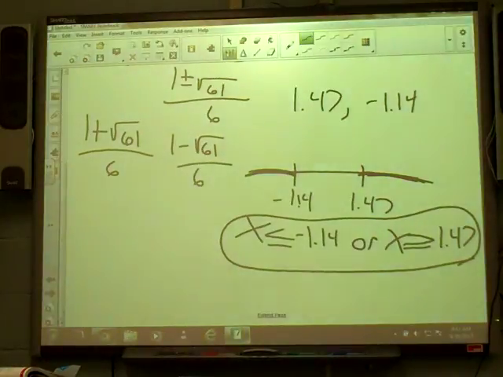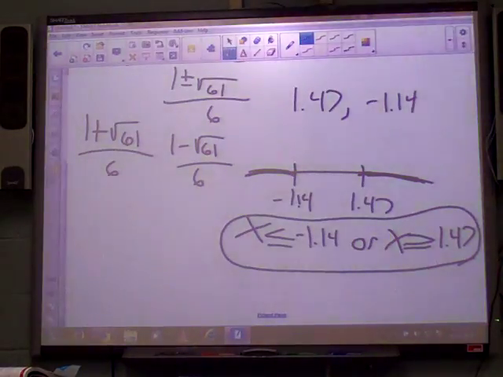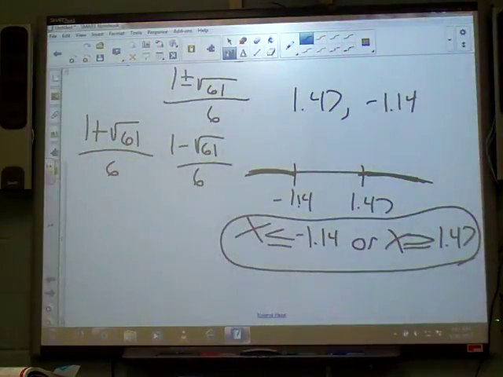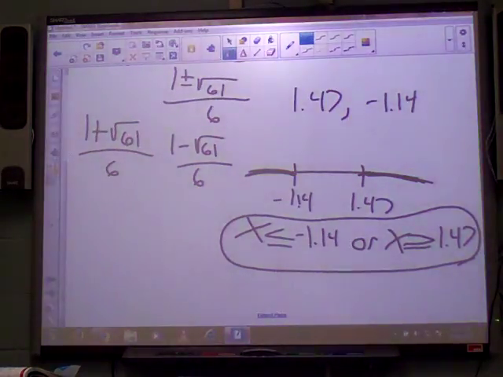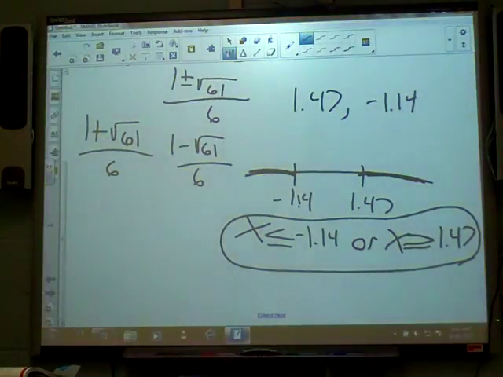We had a couple of assignments at the end of last week, and we're going to have some more this week, to make sure we can solve them, whether it's factoring, quadratic formula, or whatever method you choose. You might see one or so of these on a test, but not very many. So we're going to go back and revisit the solving of quadratics. Very good? All right, we're going to stop right there for today.